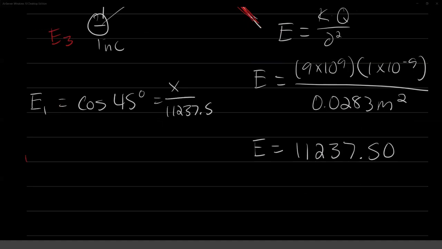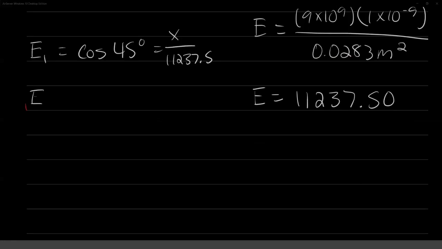So E1 will be, let me double check, cosine of 45 times 1. So I got 7,946.1, we'll say. Is that right? What do you guys think? Yeah. So I got that.